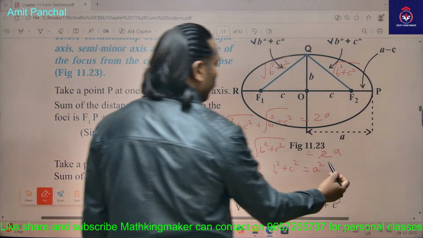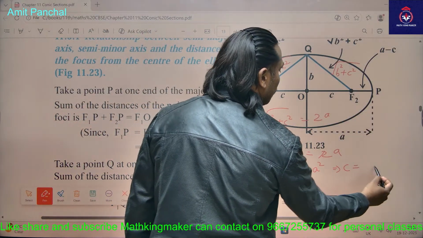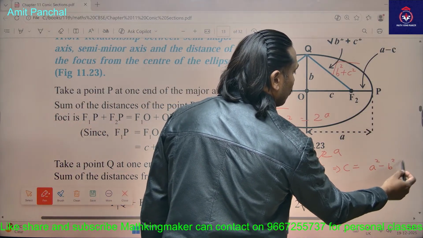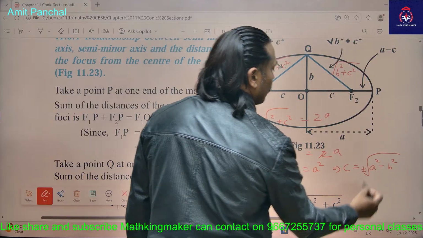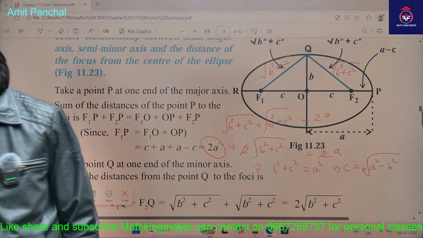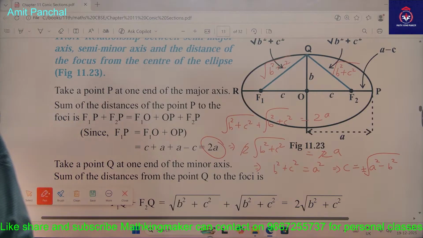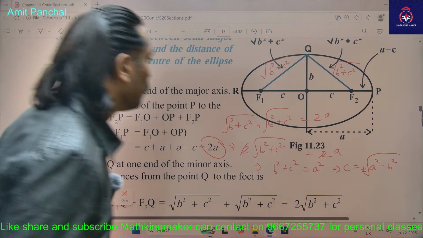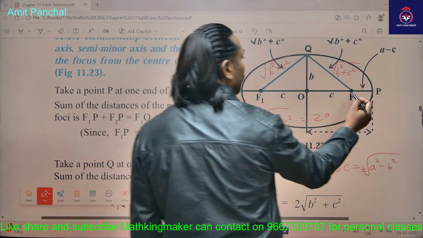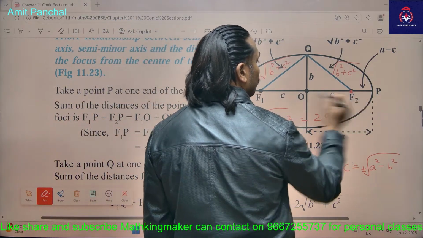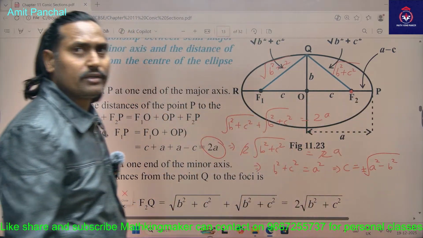So what will be the value of c? c will be plus or minus the square root of a square minus b square, isn't it? Basically we wanted to find the value of c so that we can find the foci.